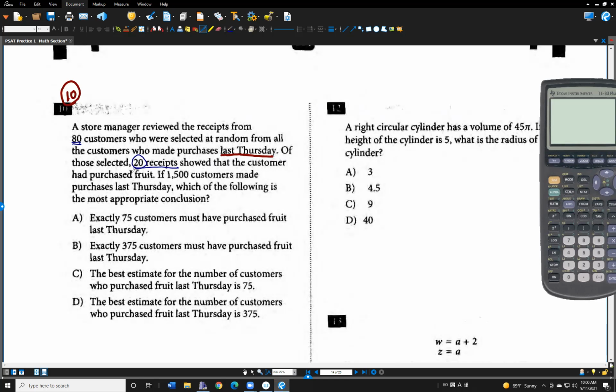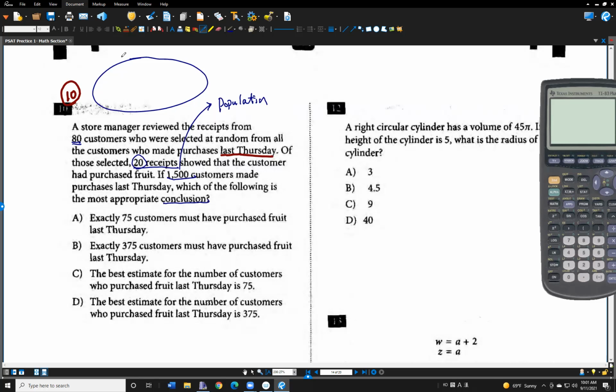If 1,500 customers made a purchase last Thursday, which of the following is the most appropriate conclusion using this data? What can you say about the entire customer group? This is called the population.